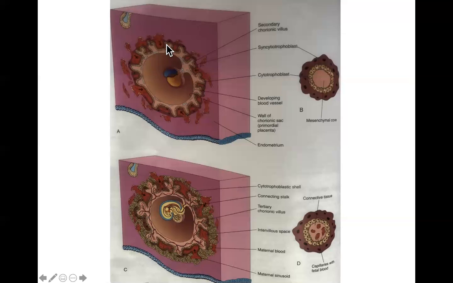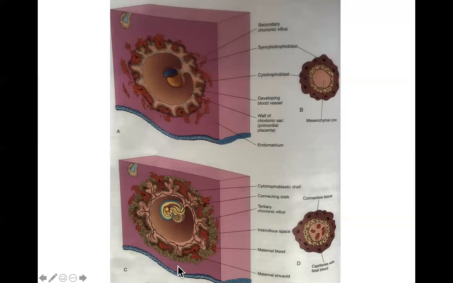And then they're going to continue branching into tertiary villi. So you can see right here, we've got the secondary villi, and then we're starting to have tertiary villi where these secondary villi are beginning to branch.